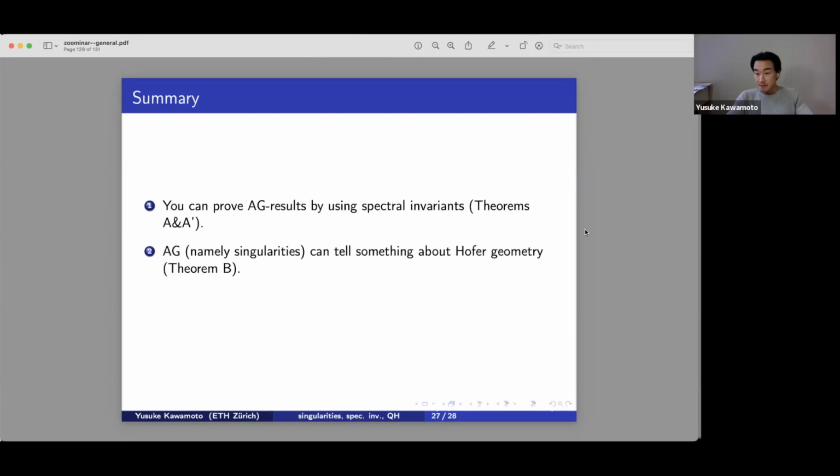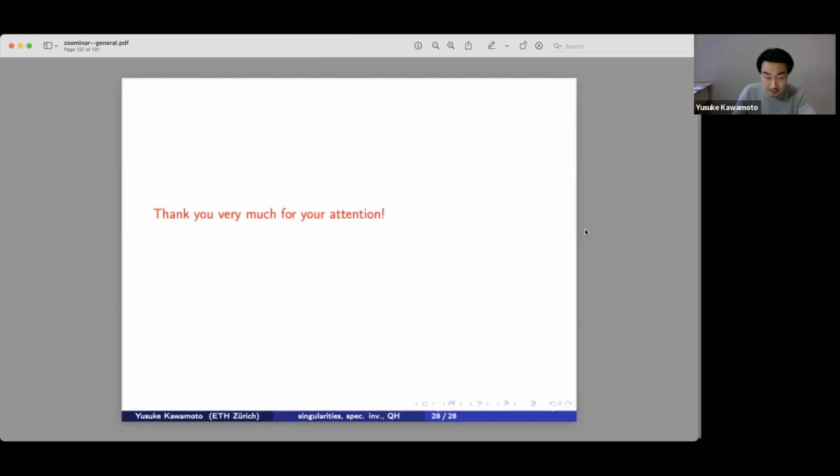That was theorem B. The third thing is that the Dehn twist reduces spectral invariants. Basically, I spoke about those three points, and that was all I prepared. Thank you very much for your attention.